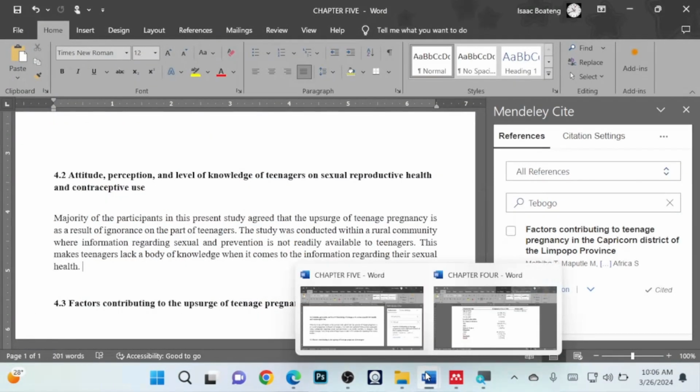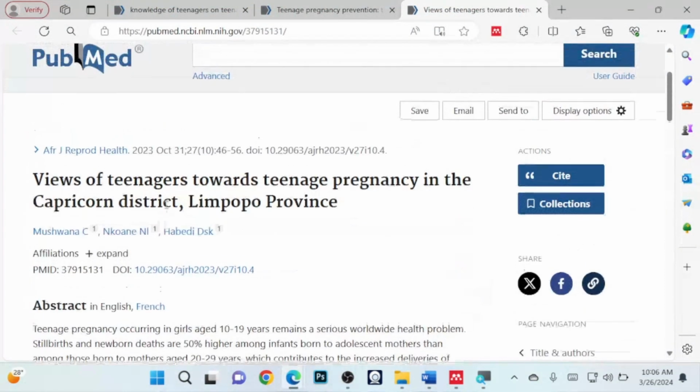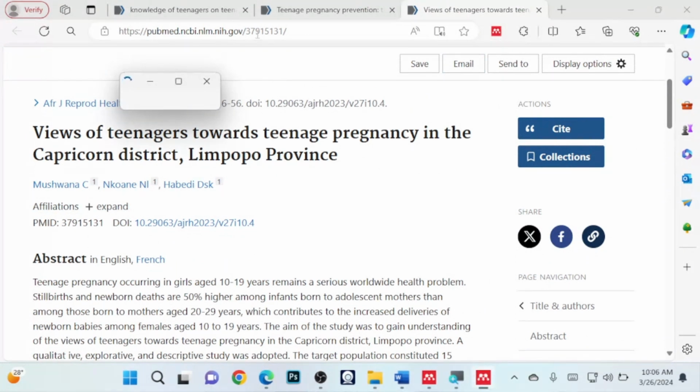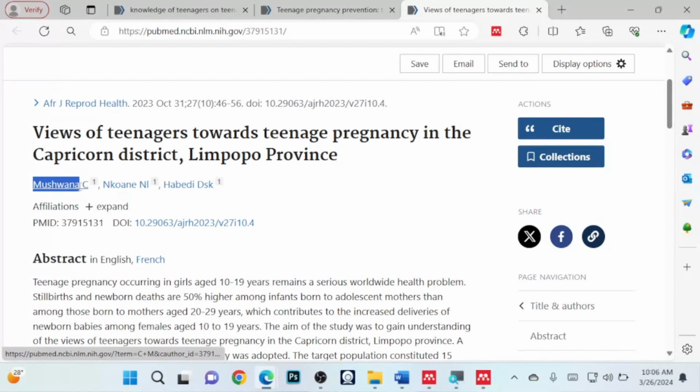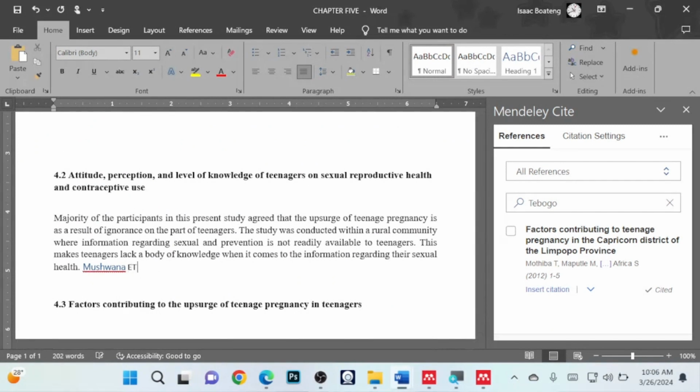In order to do that, I'll come back to the study. First of all, I want to reference this study, obviously. After referencing it, I can copy the name of one of the authors, paste the name here, then do et al, and put the year in brackets, 2023.